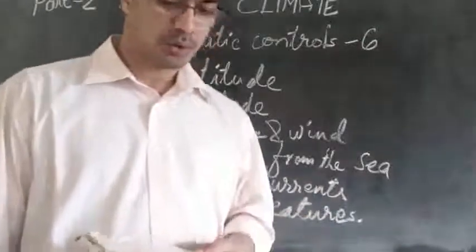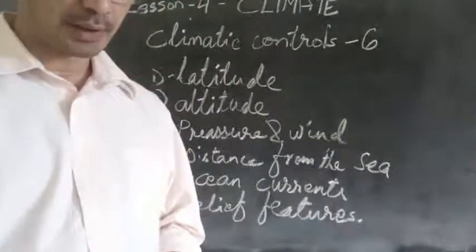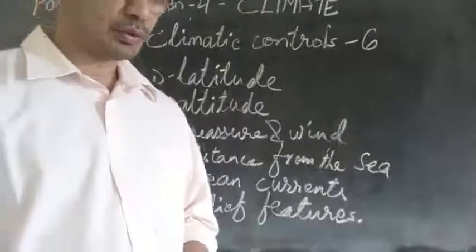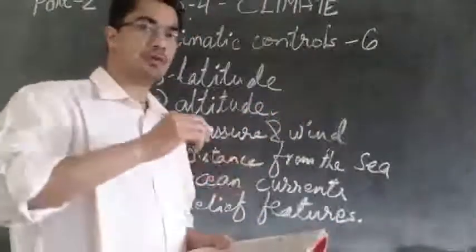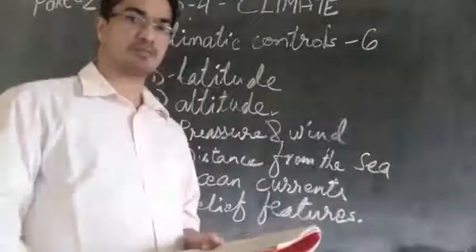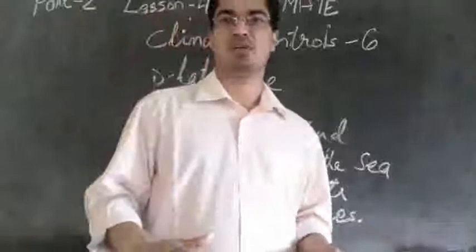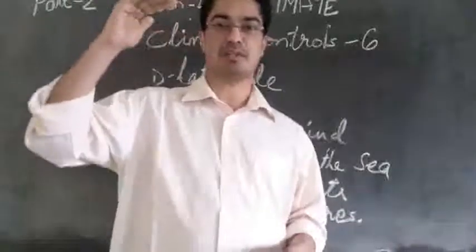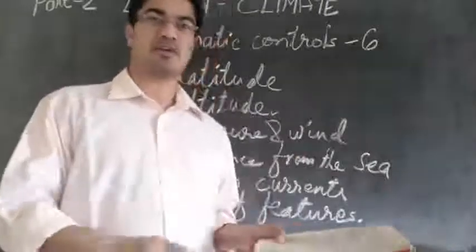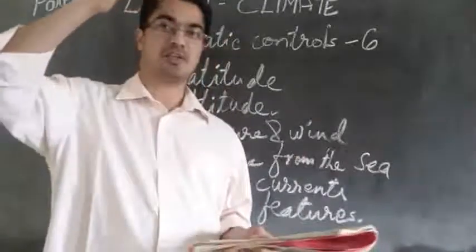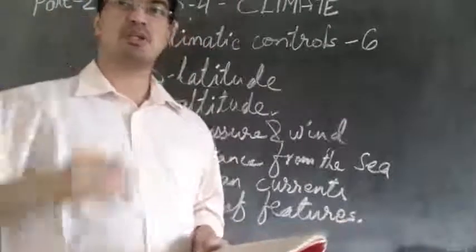Another factor is altitude, as one goes from the surface of the earth to higher altitudes. If you go higher and higher, what happens? Where is the high temperature, the ground level or the higher level? High temperature will always be on the ground level. If you go higher and higher into the air, the temperature becomes low.